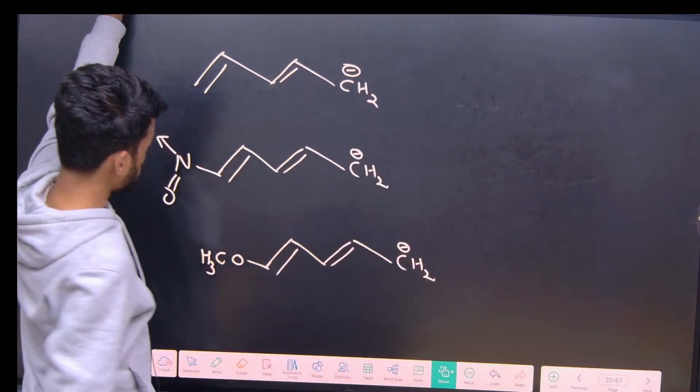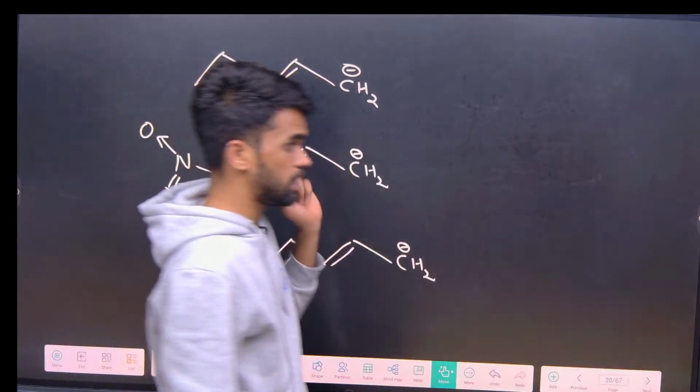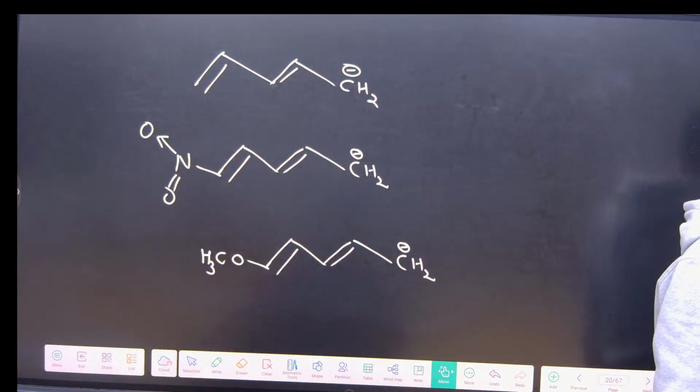Same previous question only with different groups. Here it is carbocation, there it is carbanion. Now tell me which is more stable and why and how?